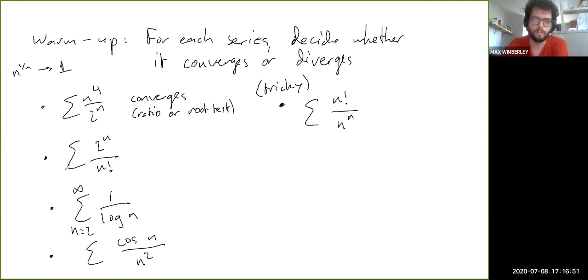So for this one, I'll just say this one converges. And again, it's the ratio or the root test, but the root test is hard here.